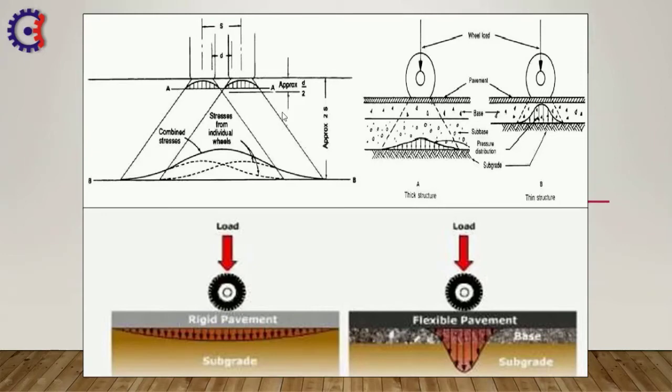In order to simplify the analysis, the load dispersion is assumed to be at an angle of 45 degrees. Up to the depth d by 2, each load acts independently.